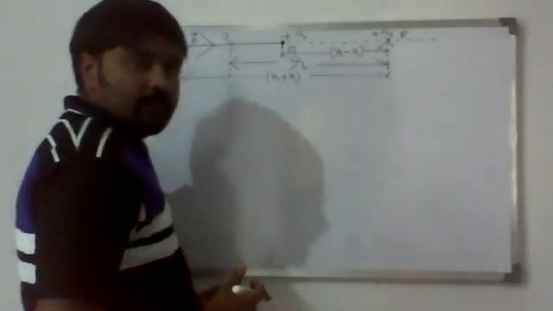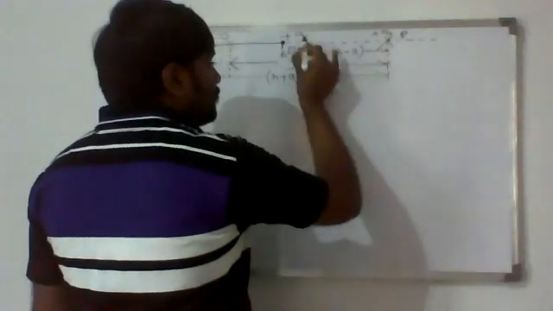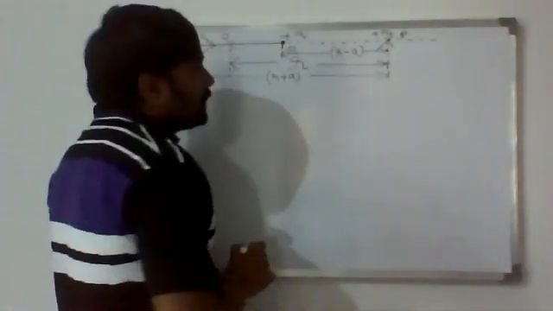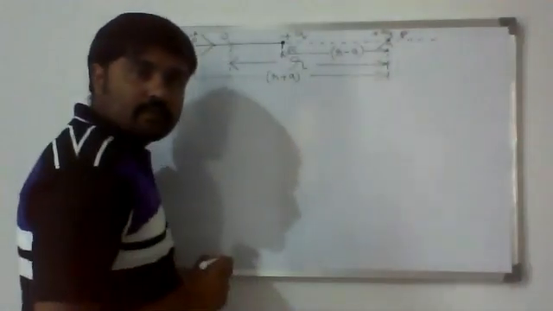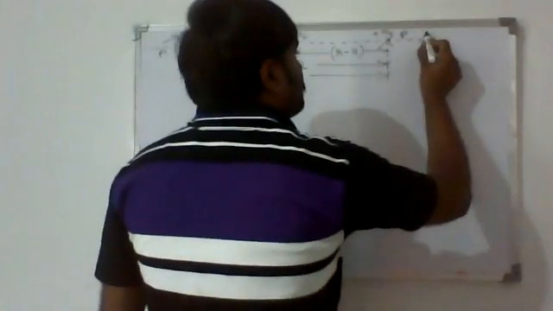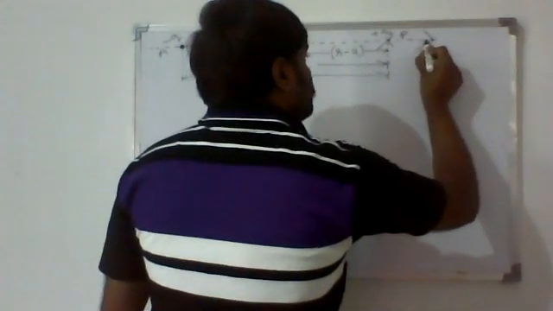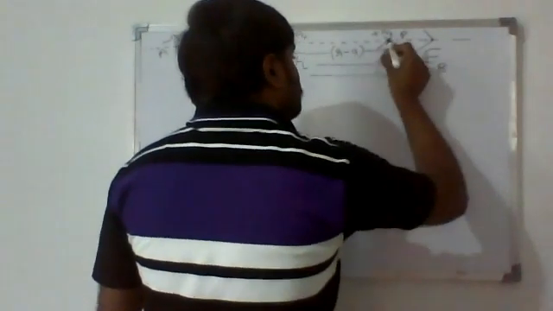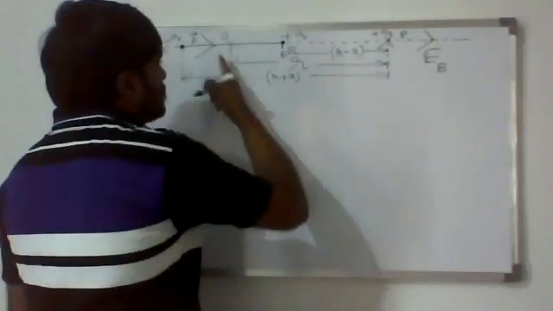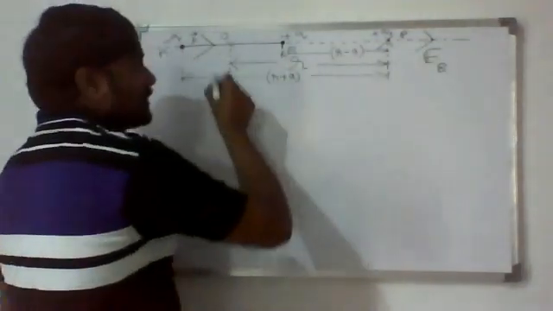Actually here we're calculating electric intensity at point P due to plus Q. So this is the direction of electric intensity at point P due to plus Q, that is along OP. So this is directed away from the center.